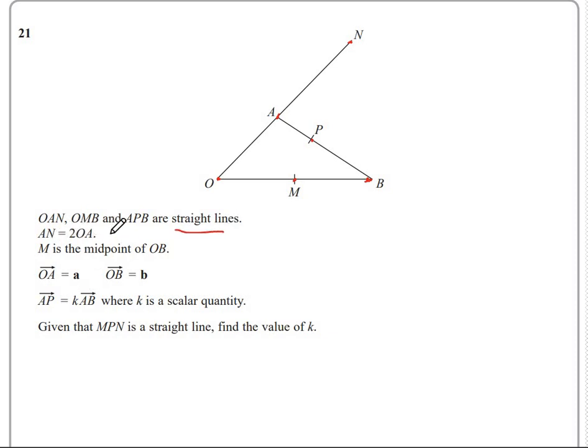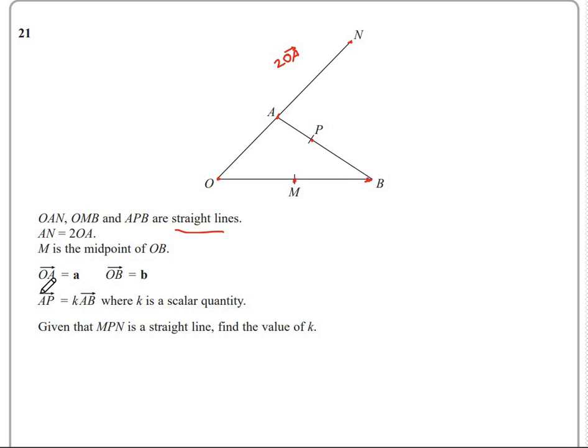So this part here, AN, is 2OA. Let's draw a line there to show that it's a vector and it's not 20. And M is the midpoint of OB. Here we have our M. And remember, a midpoint always divides a line exactly in half.